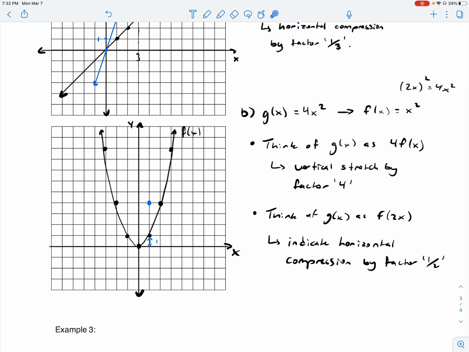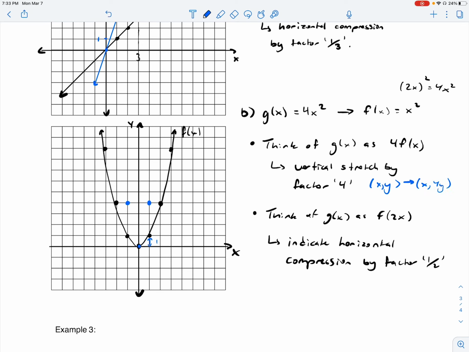So let's go ahead and get a few more points. We know the origin is going to stay because (0, 0), you multiply 0 by 4, you still get 0. (-1, 1) is going to become (-1, 4) because you multiply the y values by 4. So just so we're aware, when we're doing the vertical stretch, we're turning (x, y) into (x, 4y).